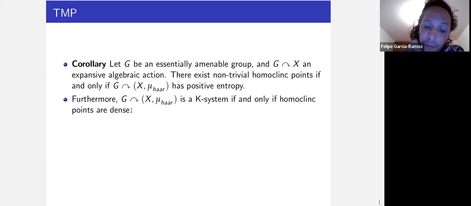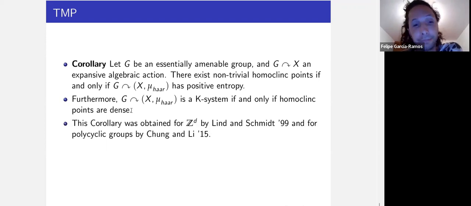My plan was to give more details in June, and maybe give some proofs. But if we really want to find where the homoclinic points are, we need to know where the entropy pairs are. Okay, so this corollary is not entirely new.